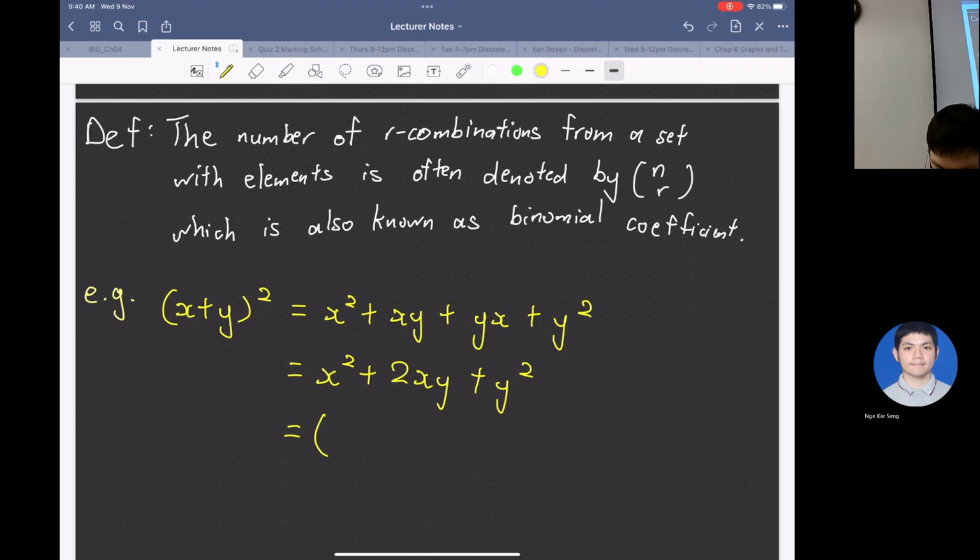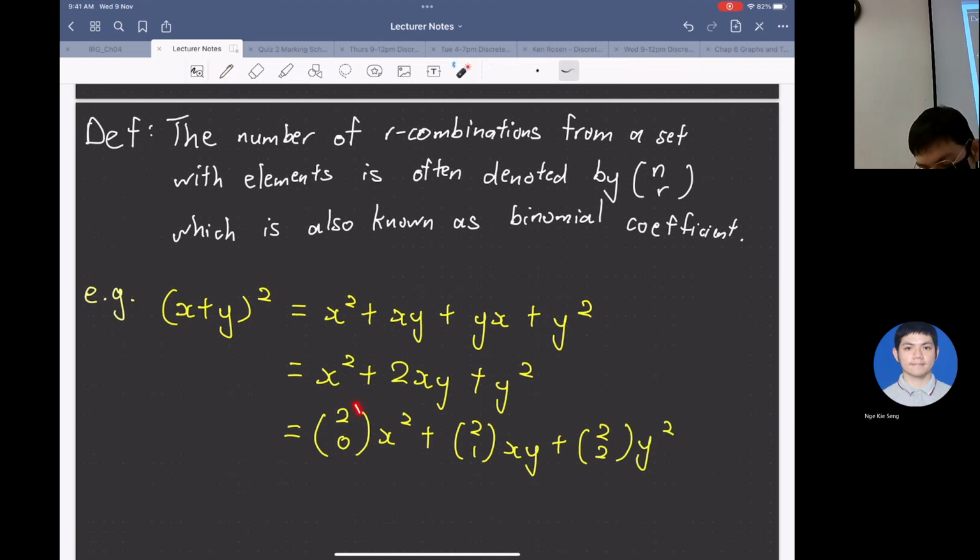In this case, we have (2,0), (2,1) and (2,2). (2,0) means how many ways to pick x squared. (2,1) means how many ways to take the product containing one x. And (2,2) means how many ways to pick a product that doesn't have x.